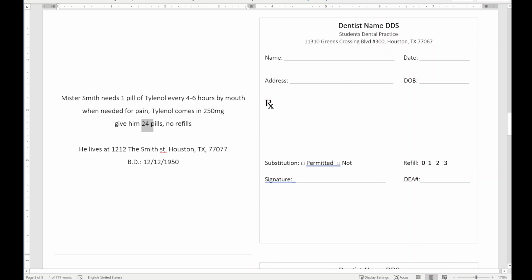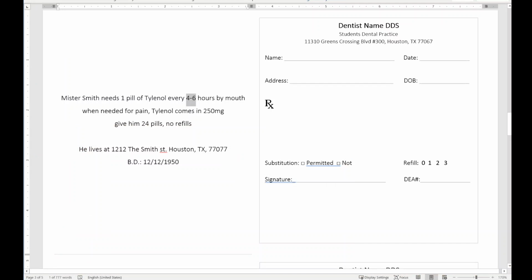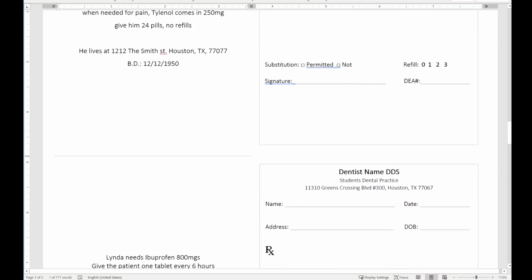And then this is the dispensing, 24, and we need 1 tablet, so 1 pill, every 4 to 6 hours, which means you can put every 4 to 6 hours like that. And then by mouth as needed for pain. That is easy, right? Not hard.